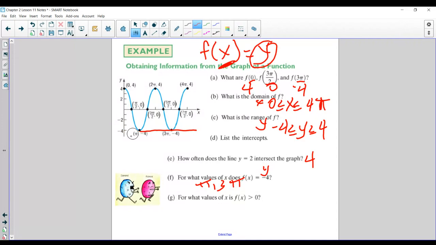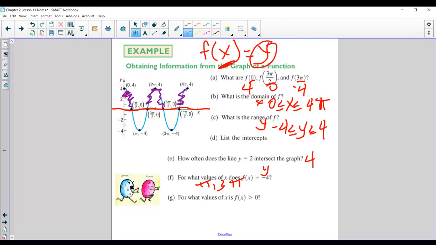And then the last question, for what values of x is f of x greater than 0? Greater than 0 would be anything above the x-axis. So that would be this piece here, this piece here, and this piece here.